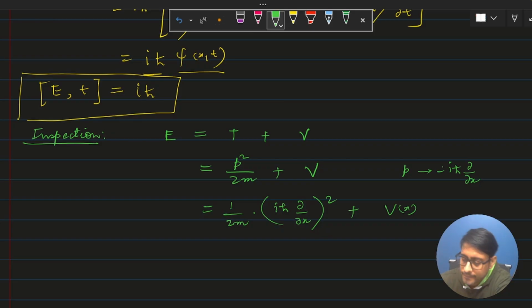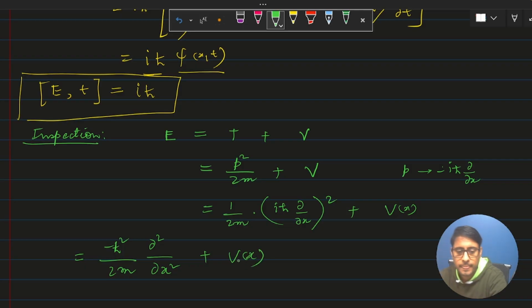So this term will multiply with itself and it will give you iota squared, which is -1, and then this h bar squared over 2m. Then this term will be applied 2 times, so this will give you del 2 over del x squared, and then plus V(x).